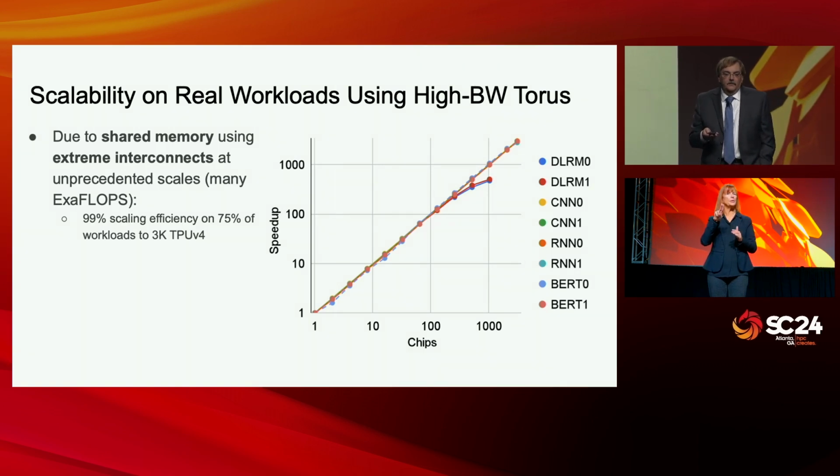So that's pretty good. The two applications that didn't scale so well, the DLRMs, make extensive use of all-to-all communication, and so our bisection bandwidth in the first couple of machines wasn't high enough to support the scaling of those past 1,000 nodes.